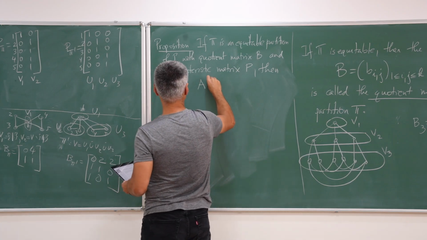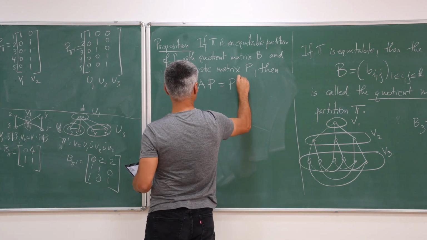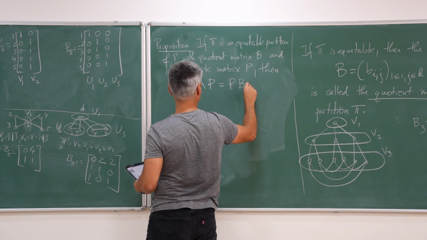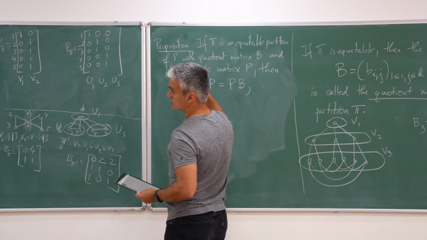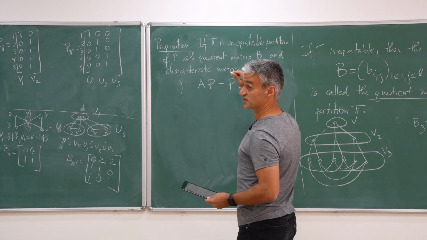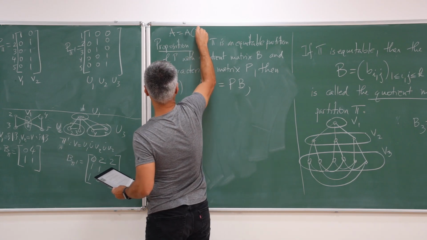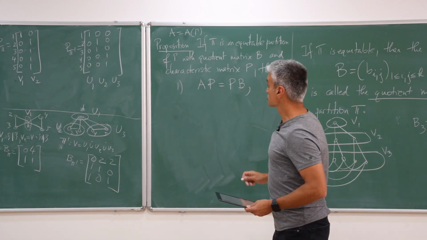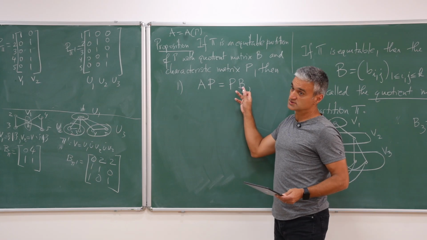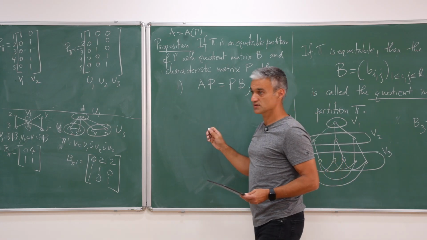A times P will equal P times B. So A here, again, is the adjacency matrix of the graph. Okay, so A interacts with B via this characteristic matrix, P.